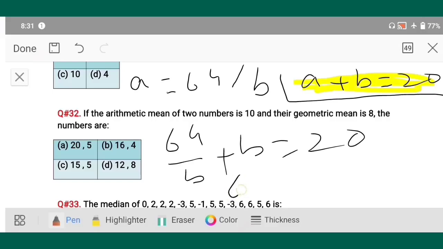Multiply b to both sides. So 64 plus b square equals 20b.